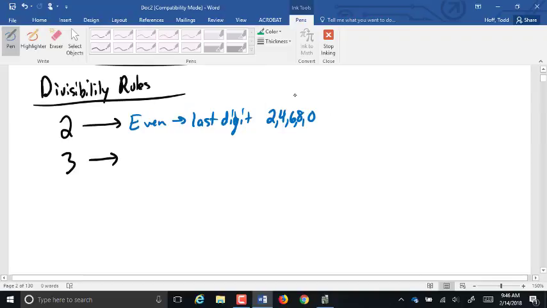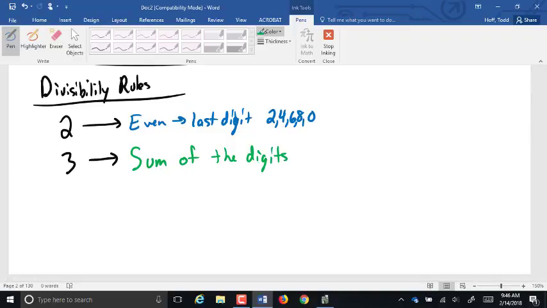How about 3? How can you tell if a number is divisible by 3? Not necessarily an odd number, because 6 is divisible by 3. We call it the sum of the digits.